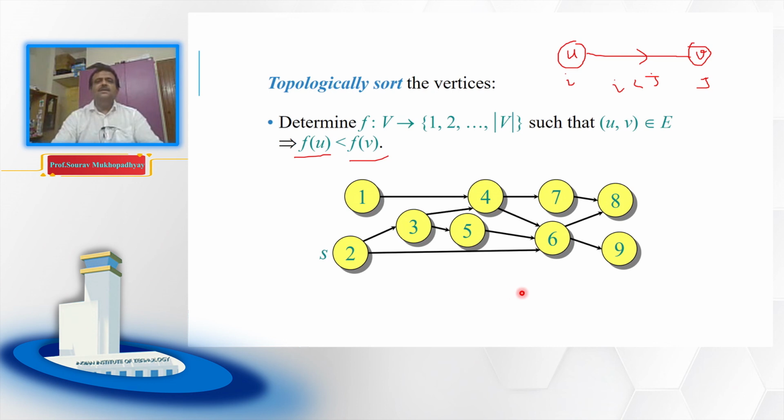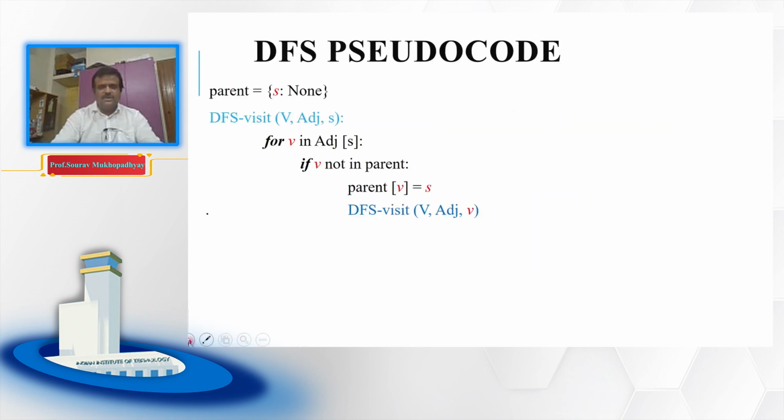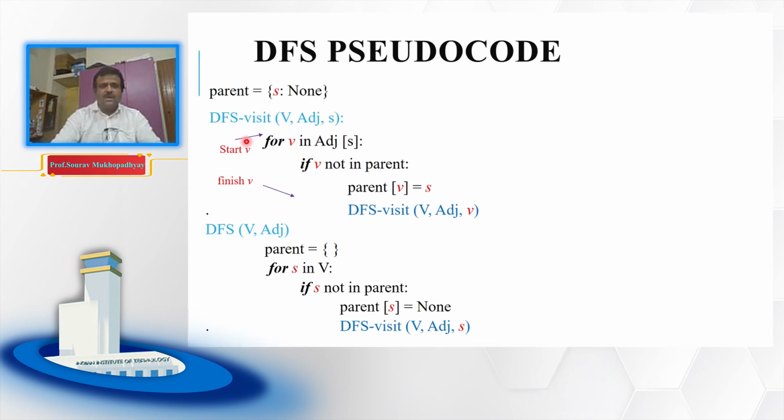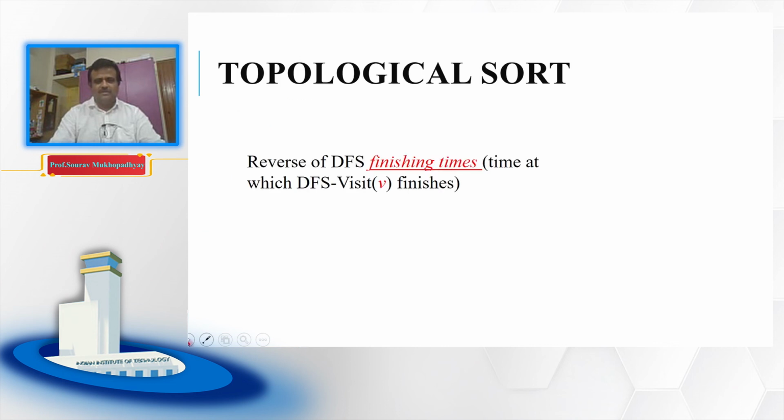Now, how can we do this topological sort on the vertices using the DFS code? Let us recap the DFS code. If you remember, we have a start time and a finishing time. We look at the finishing time of each vertex, we record that, and we reverse it. If we reverse it, that will give us the topological ordering of the vertices.